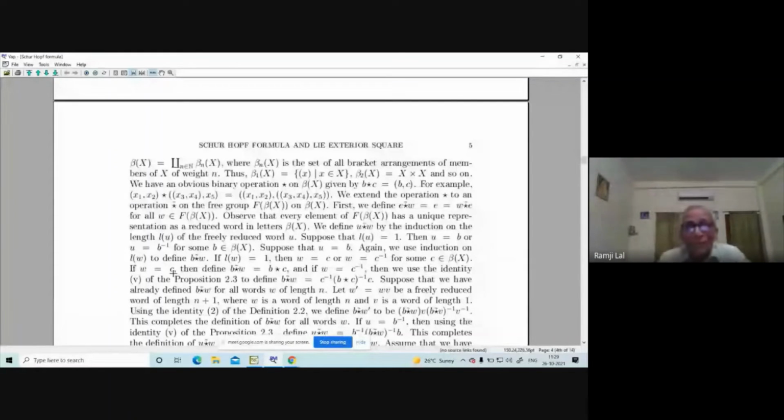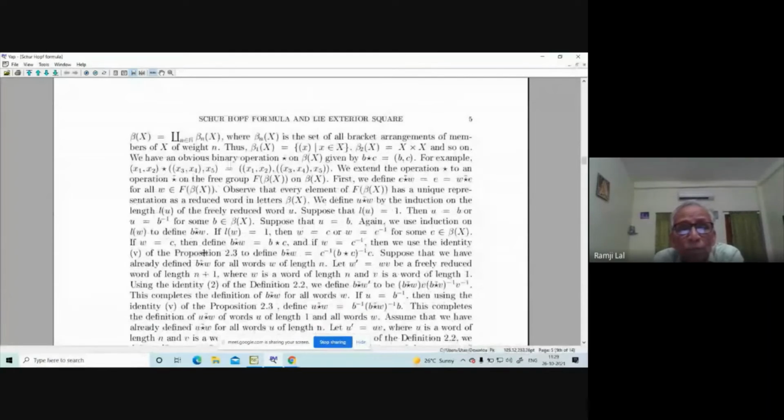So, okay, b star W. Again we use the induction on the length of the word W. So it is a double induction which is being used. The length of the word is this, and then W is c.